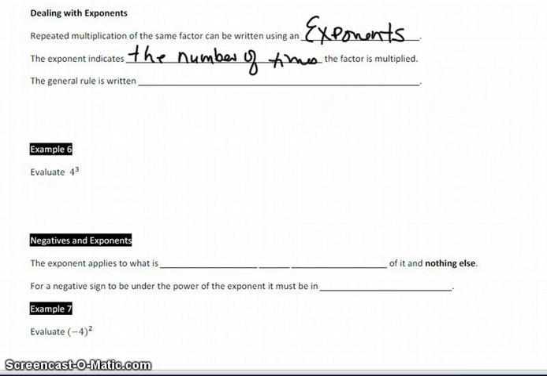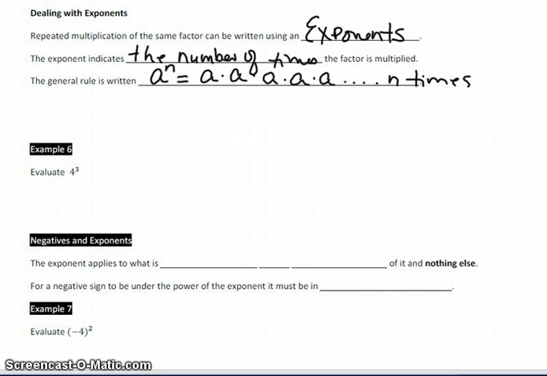Writing it as a general rule, we have a as our factor or base to the nth power, and this tells us that a is multiplied by itself n times, whatever the exponent is.